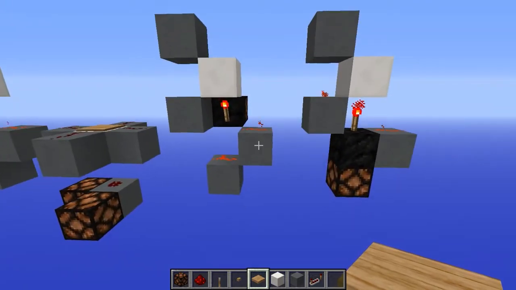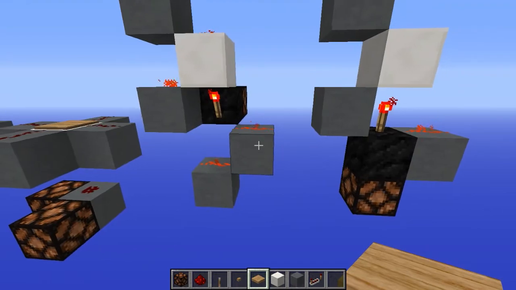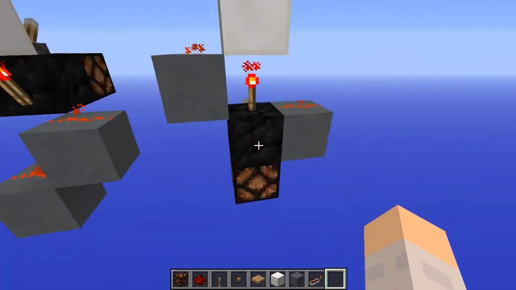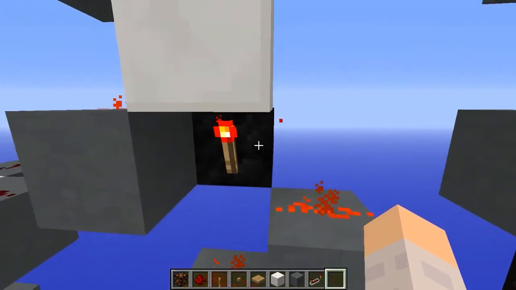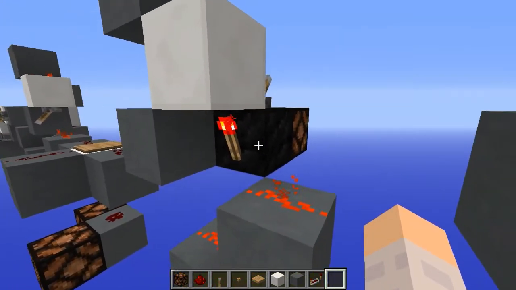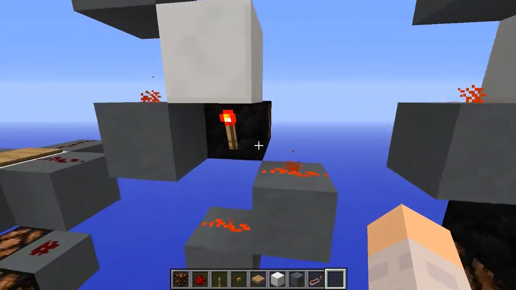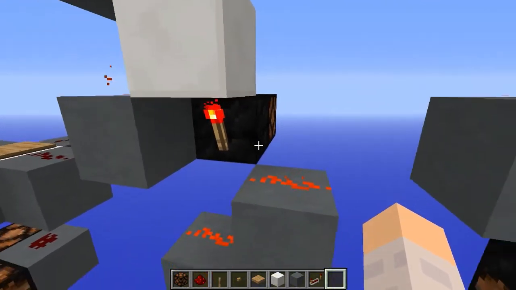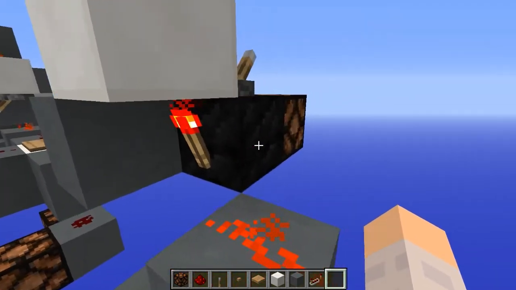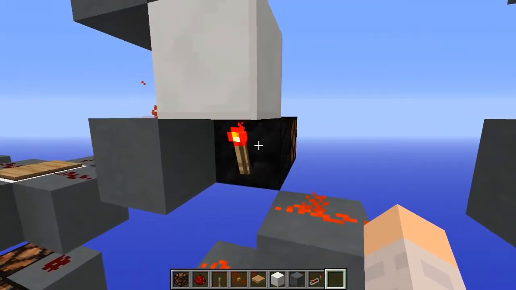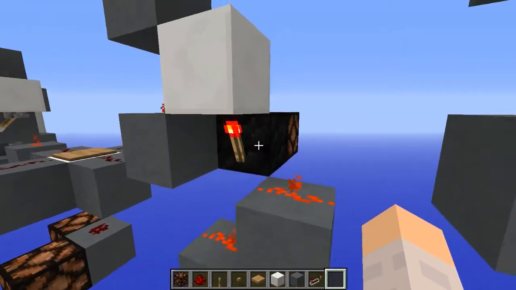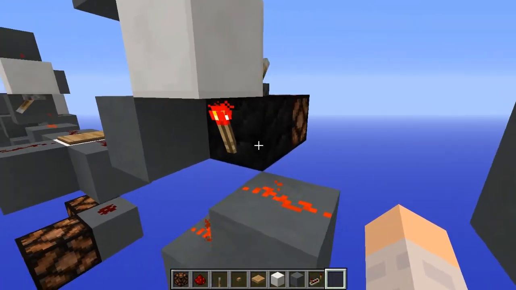But over here we have a couple examples with redstone torches. You'll notice that there is one particular difference. I used a different colored block, in particular the charcoal block, to signify that the signal of the block that the torch is on is actually inverted from the torch itself.